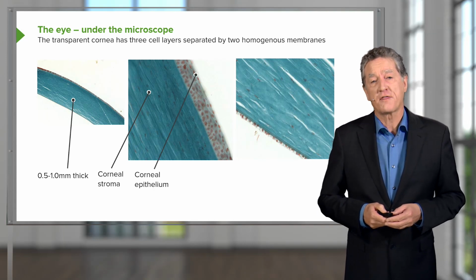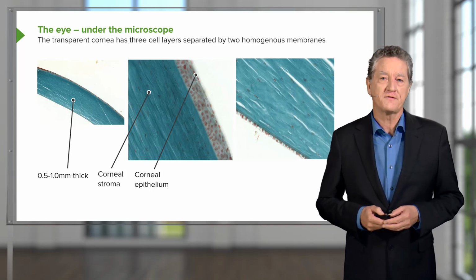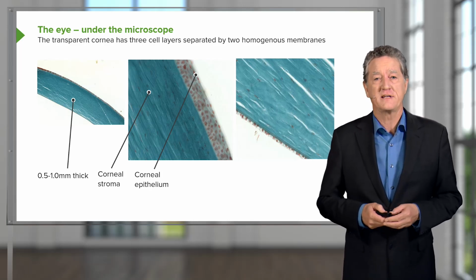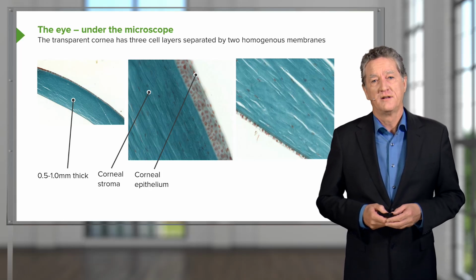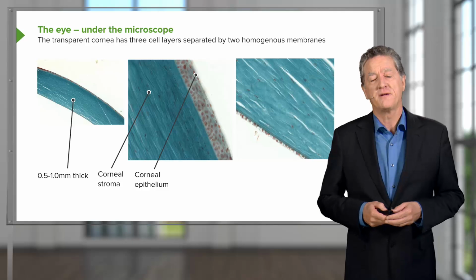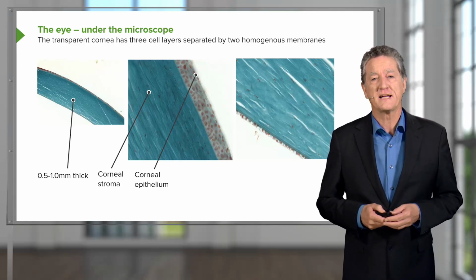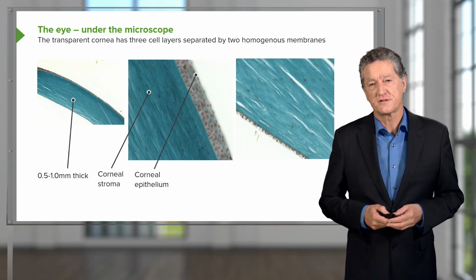The corneal epithelium, the surface epithelium, is a stratified squamous epithelium, as you see in this slide. The very surface cells, the squamous cells you see at the surface, have very fine microvillous projections, and those projections help to maintain tears on the surface of the eye.